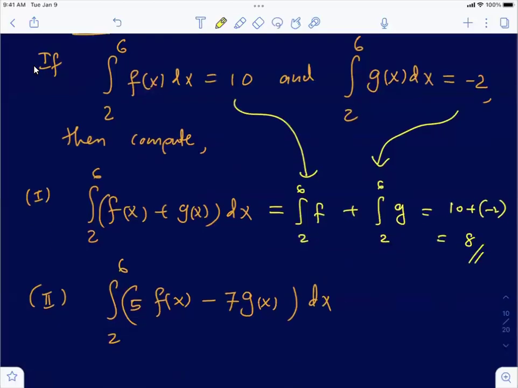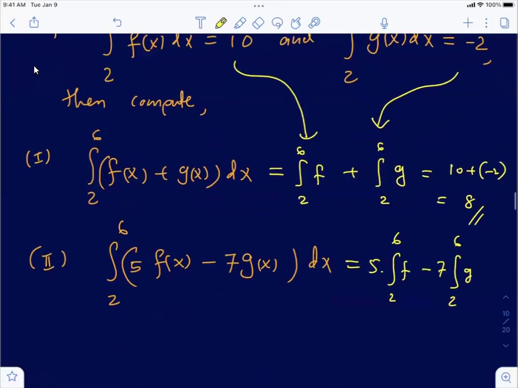And then in the second component, you will end up getting 5 times the integral of f, right? So by linear properties, you can just do this: the integral from 2 to 6 of f minus 7 times the integral from 2 to 6 of g. And we know the answer for each component.